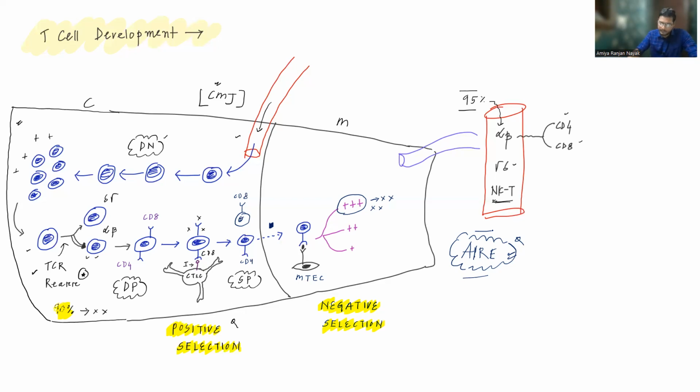If they have only weak interaction, these T cells will survive, because this weak interaction is not enough for T cell activation, so they are not going to harm our body. But if they have some amount of intermediate interaction, they'll be converted to T regulatory cells.